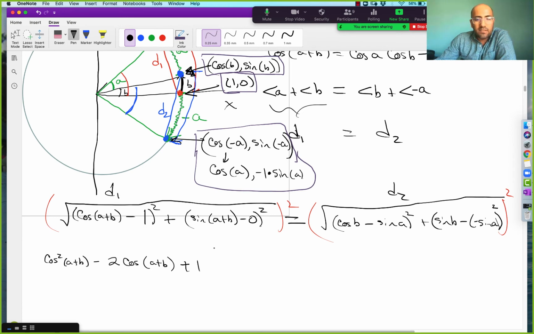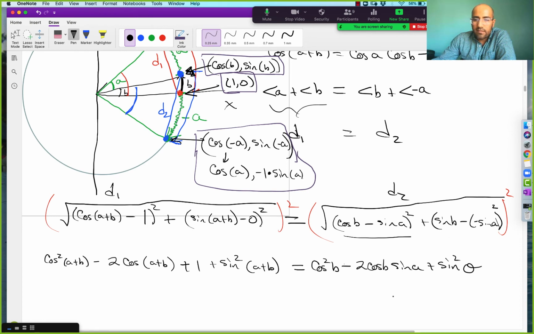Minus 0 doesn't do anything, so we just really have plus sine squared of a plus b equals, okay, FOIL this side, we end up with cosine squared b minus twice cosine b sine a plus sine squared a. That's how we FOIL that guy.